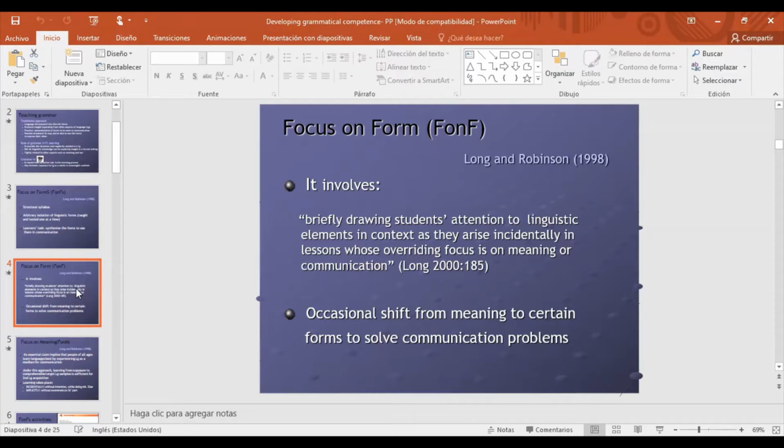But the starting point is not the isolation of a particular structure, but rather dealing with meaning, and then when or if necessary, resorting to the analysis of the form of the language.